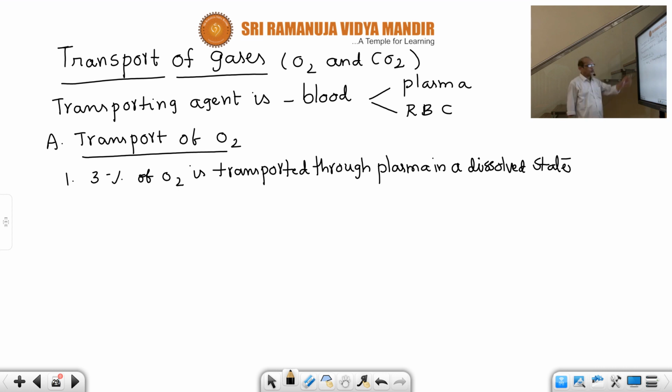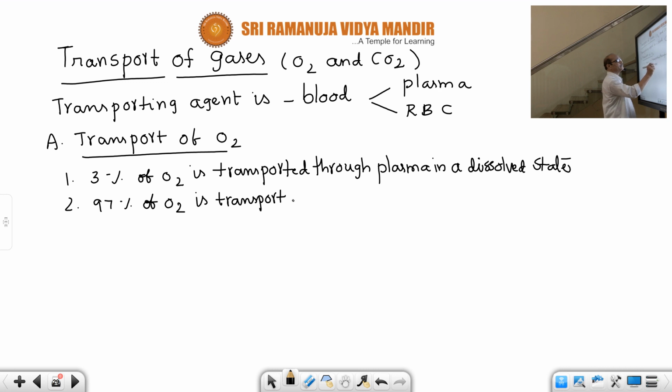3% of O2. But 97% of O2 is transported through RBC. In the respiratory system, some numerical statistics are there, like the digestive system. 97% of O2 is transported through red blood cells.